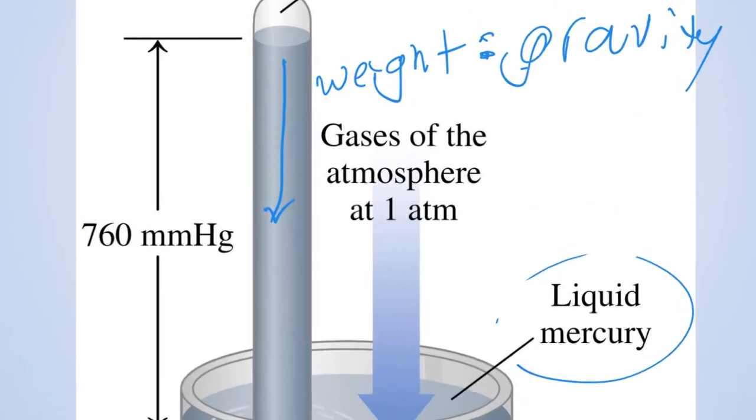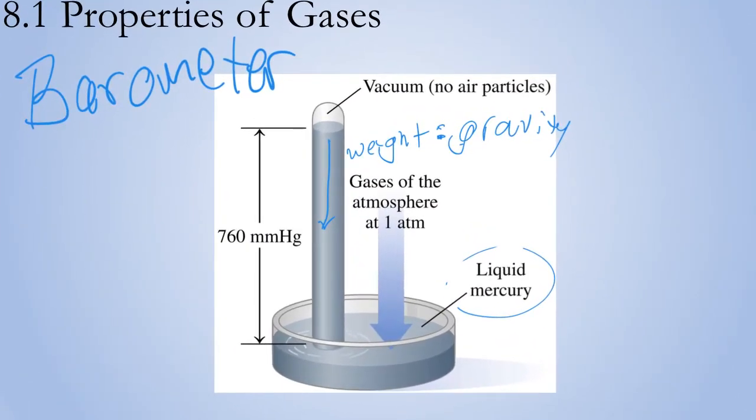Now, it just so happens that if you have this in an atmosphere, there are gas particles floating around. Those gas particles, let's say that's one right here, are going to push down on the pool over here, in front, behind, all of that. And what those are going to do is cause the liquid mercury also to rise up.